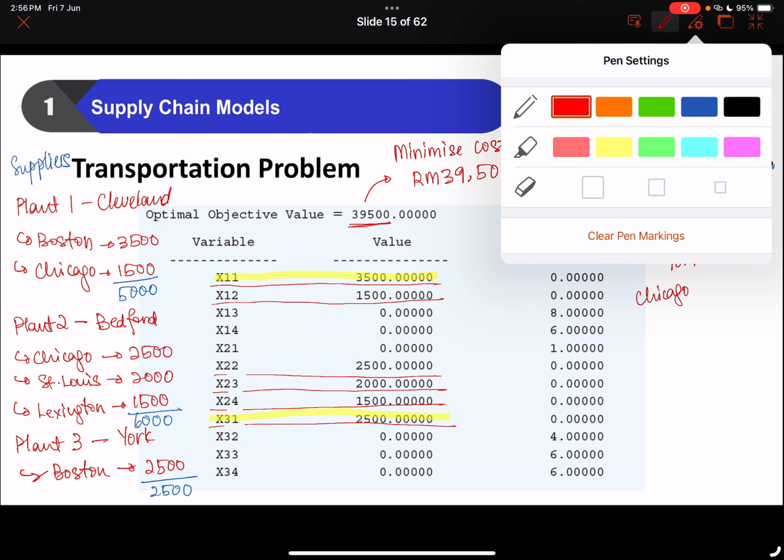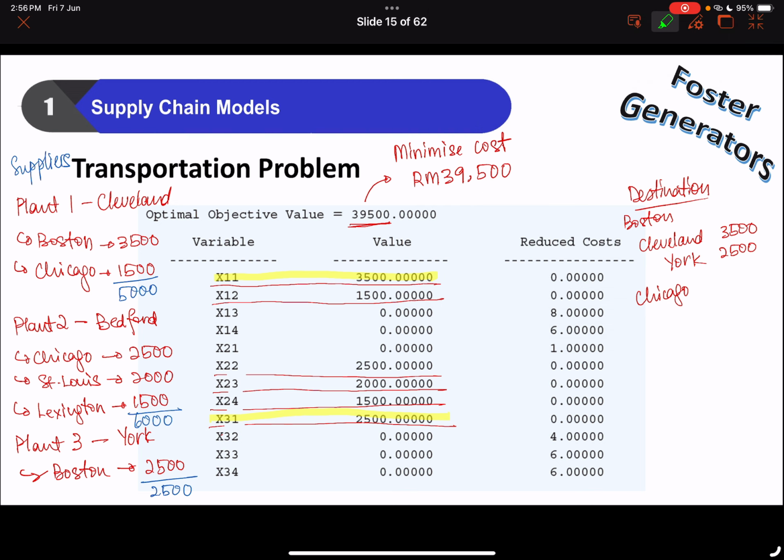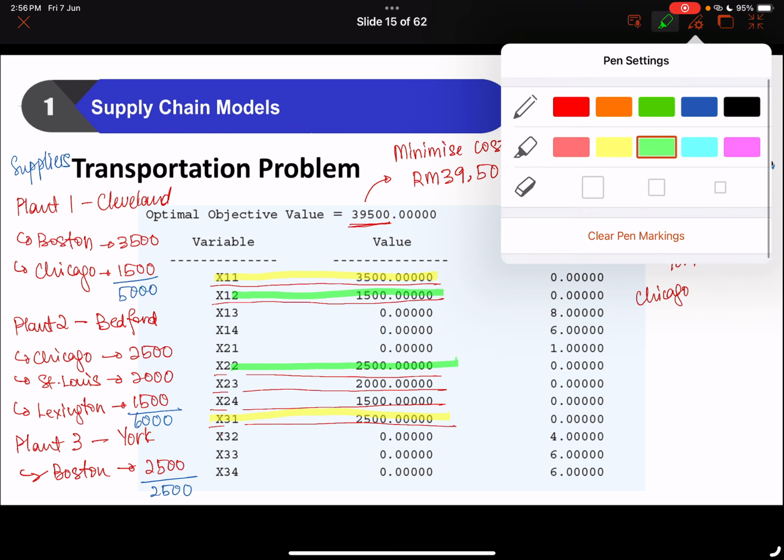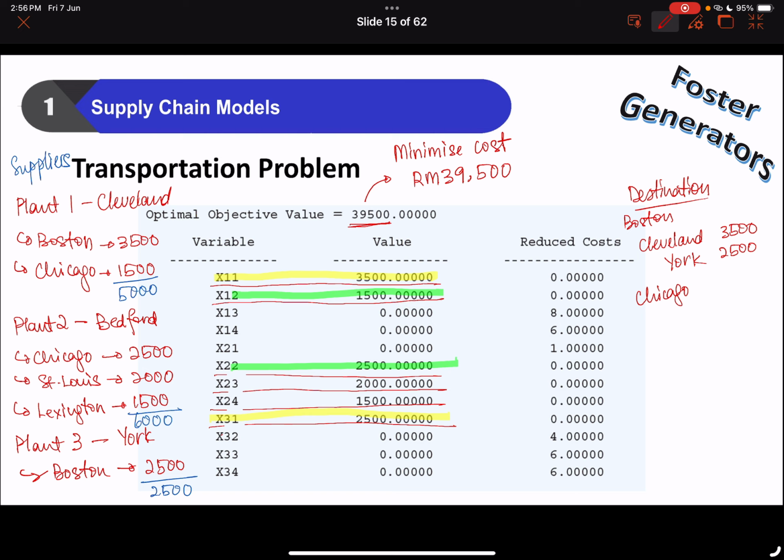Chicago is 2. Let me erase this and rewrite it, there are some errors here.